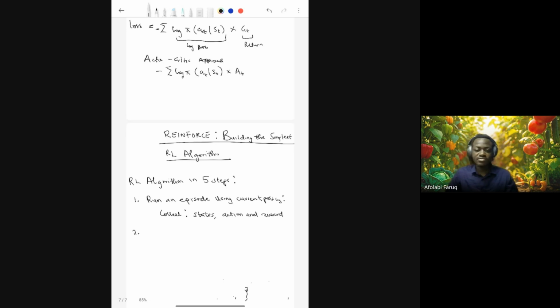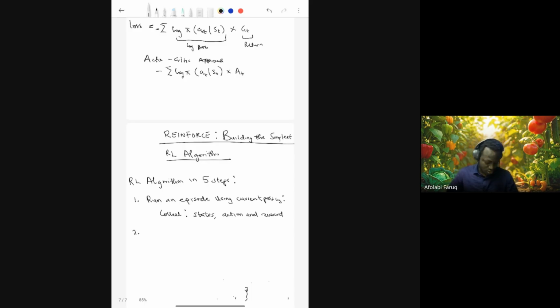Now the next thing we do after this is that we compute the returns. We compute the returns for each step, and if we do not forget, in our last session we looked at how the return can be computed using the discount factor as well. We talked about the optimal value that can be used for the discount factor as well.